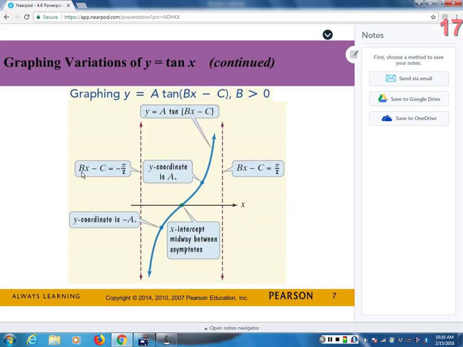We're going to solve bx minus c equals minus pi over 2 to find the other one. And then halfway between there's an x-intercept, 1/4 between those asymptotes it's going to be down at negative a, and 3/4 between them will be at positive a. This is how we're going to graph the tangent function.